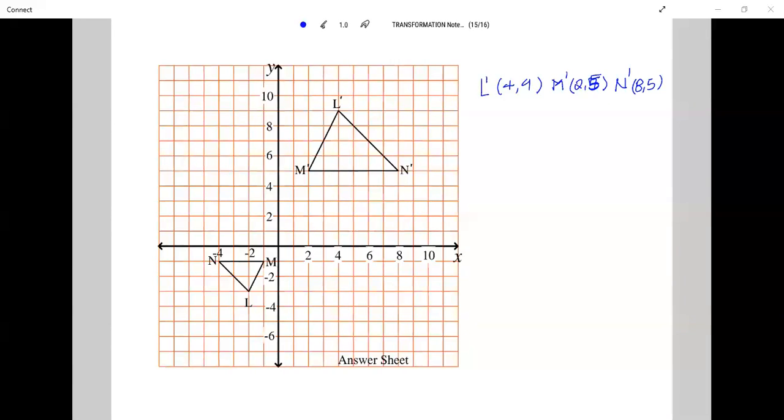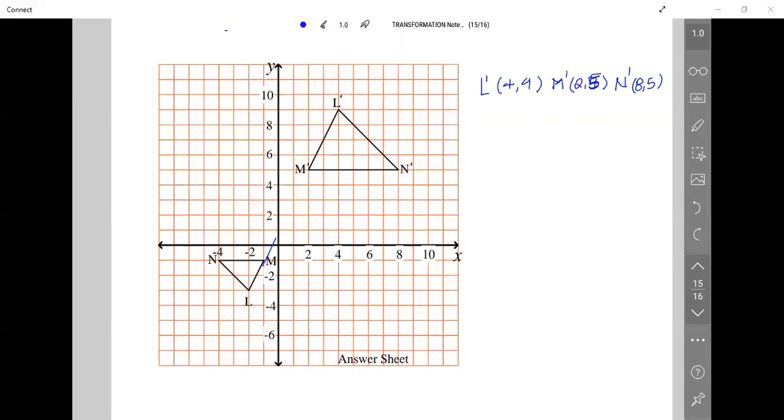We're asked to find the center of enlargement. To find it, I'm going to draw straight lines through M and M prime, and through N and N prime.